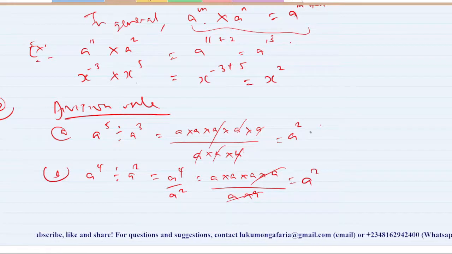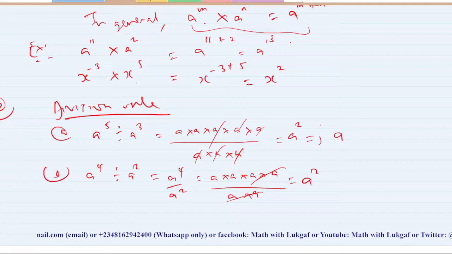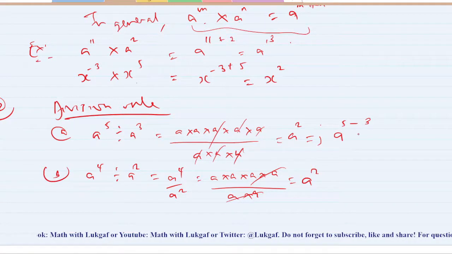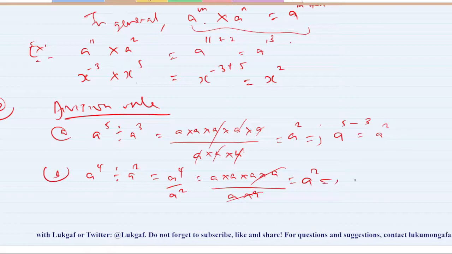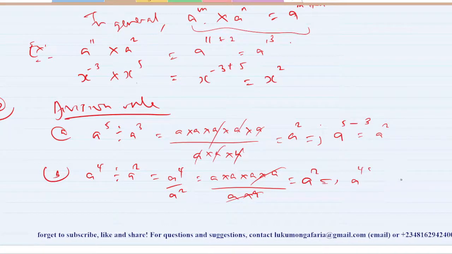What do you observe? You will notice that when I'm dividing and I'm having the same base, it is the same thing as taking one of the base and subtracting the index. You understand now? If I say 5 minus 3 here, it is the same thing as 2, right? Likewise, this is also the same thing as subtracting the 2 index, that is 4 minus 2, which is equal to a squared.